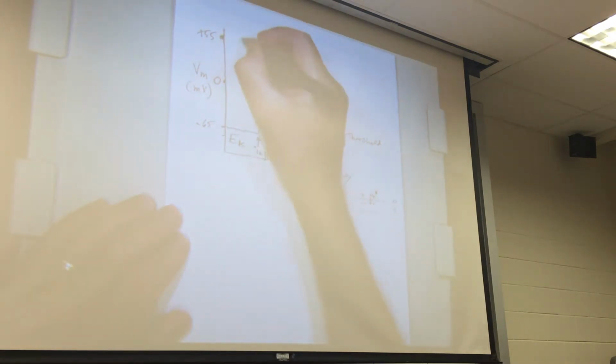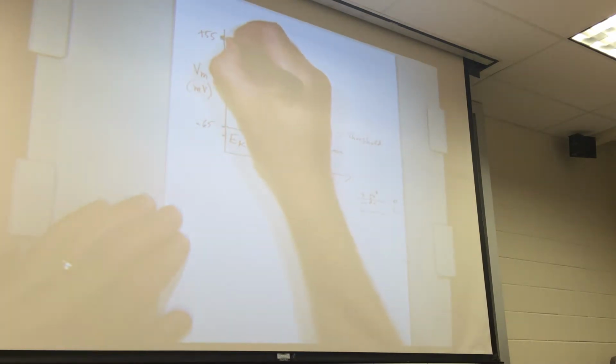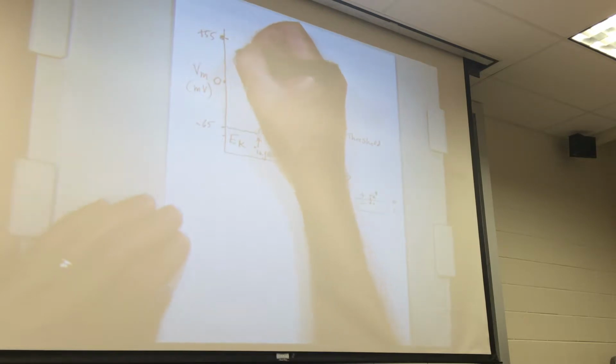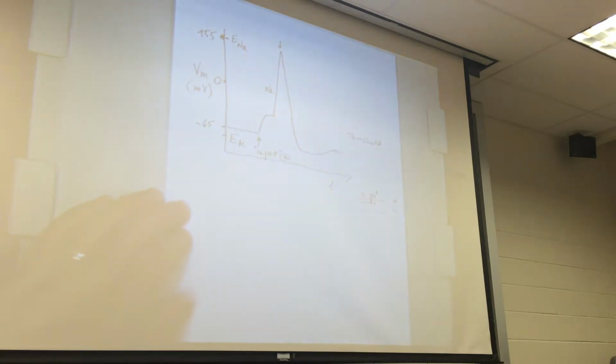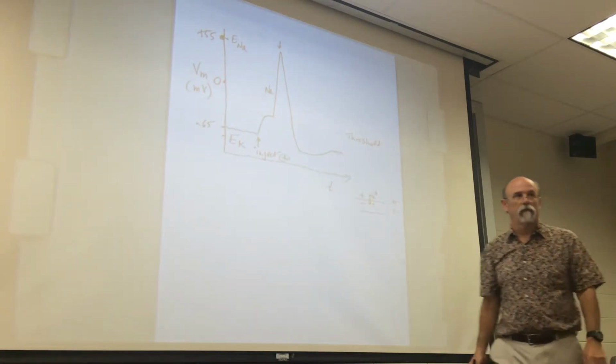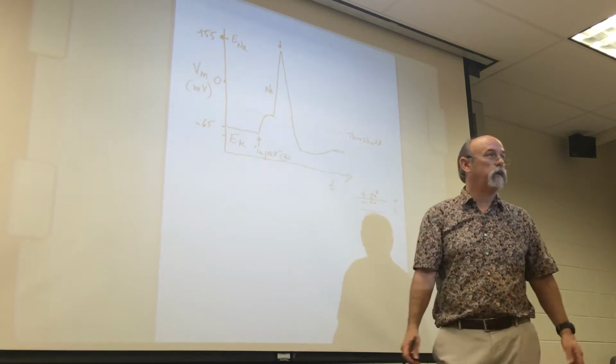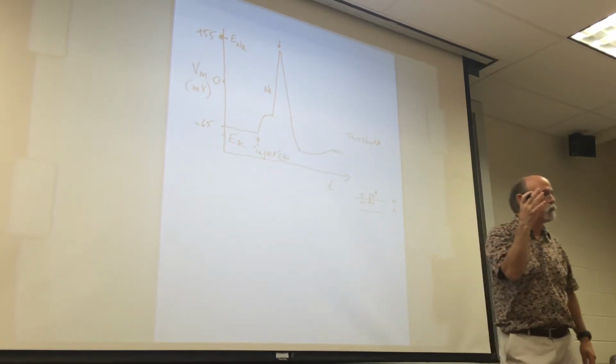So if this went up to this position here, and I'm going to say, this is idealized for purposes of instruction. This is actually, I'm saying, the equilibrium potential for sodium. Does that make sense?